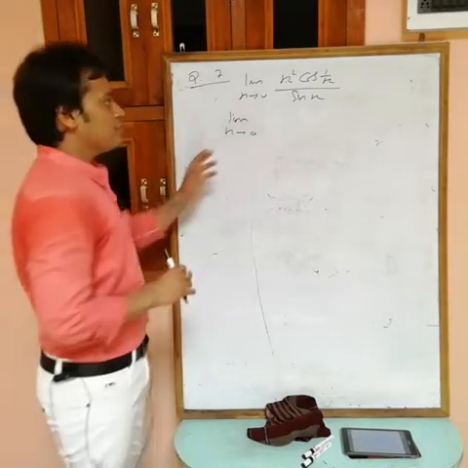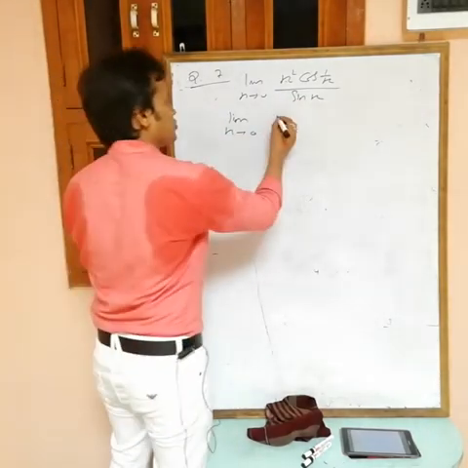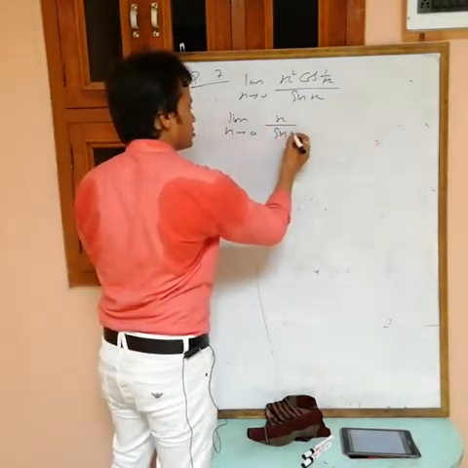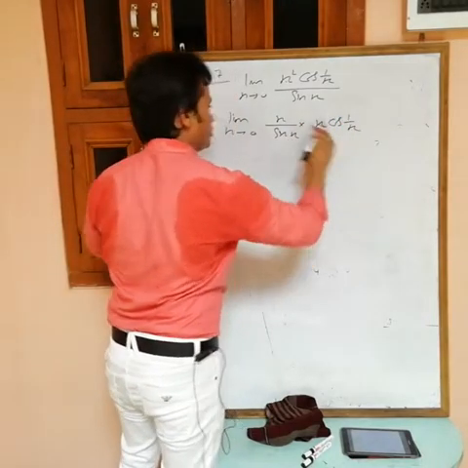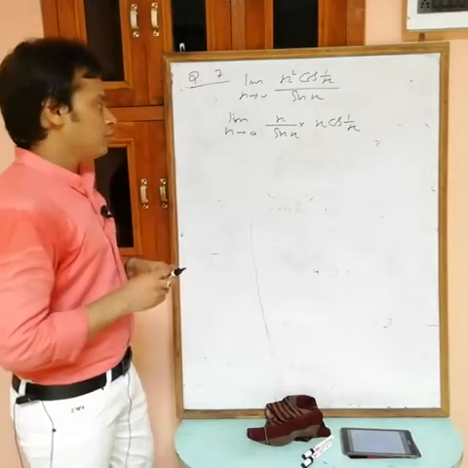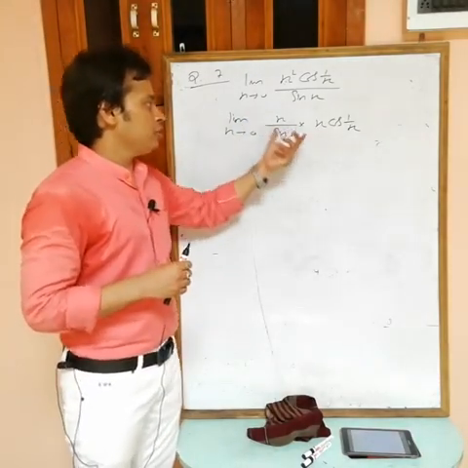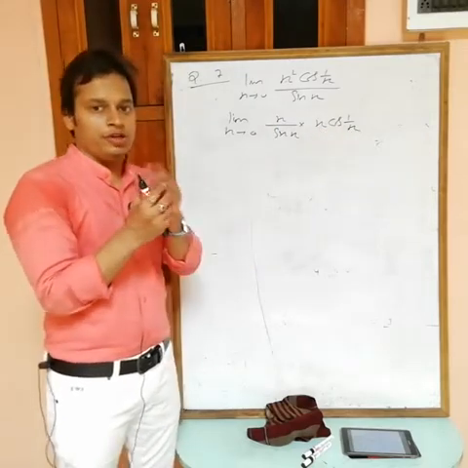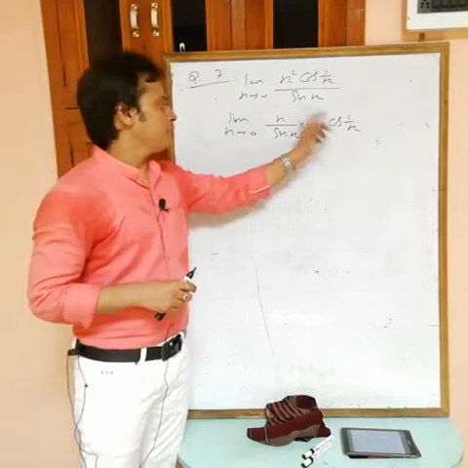Here we have x by sin x, standard form. Now remaining is x cos of 1 by x. Now this is equal to 1, but you can only put this one equal to 1 if this is also finite. It means you can use the theorem if both are finite. Okay? So check for this one.